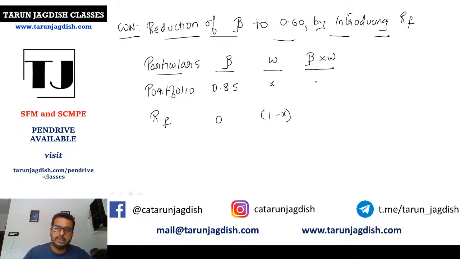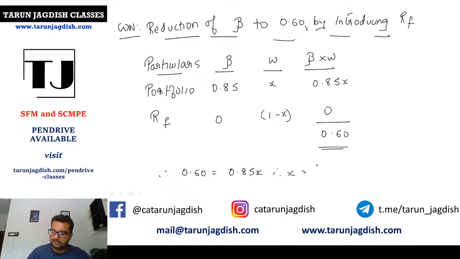Now I can do beta into weight. Do I get the answer as 0.85x? And for RF, 0. With this, my overall beta should be 0.6. Therefore, 0.6 is equal to 0.85x. Therefore, x is equal to 70.58%.